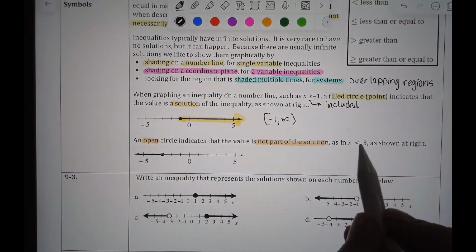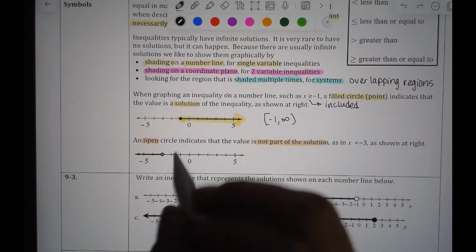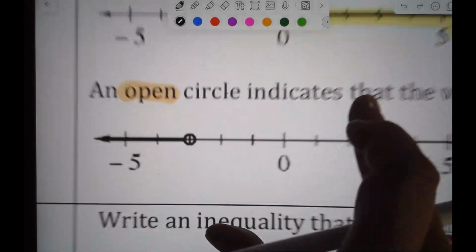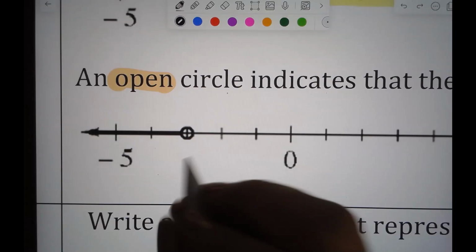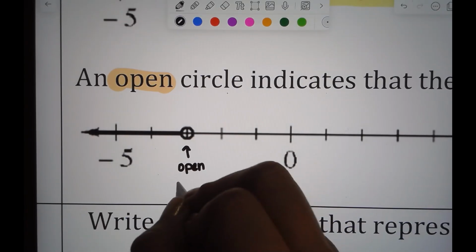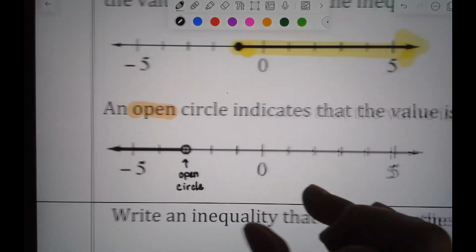So we have x is less than, that arrow is pointing to the left, and we're going to put an open circle. Now, it's kind of hard for you to see this on your paper, but I just want you to see that is an open circle right there.